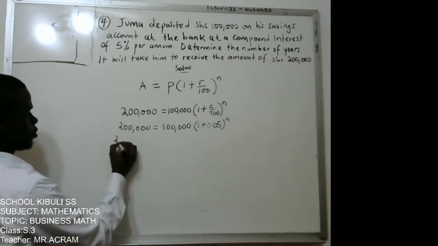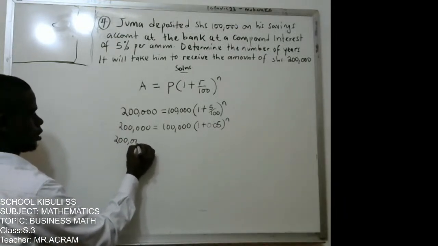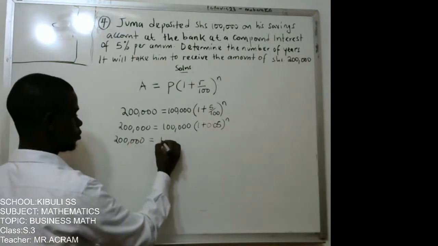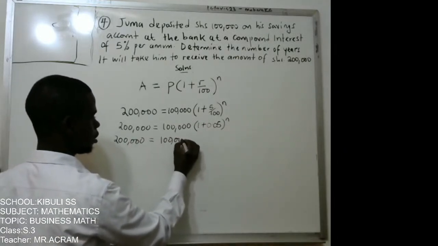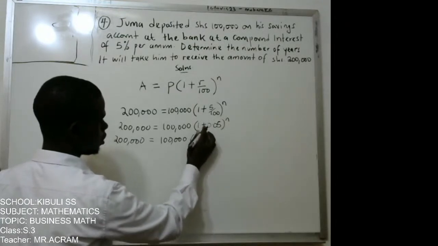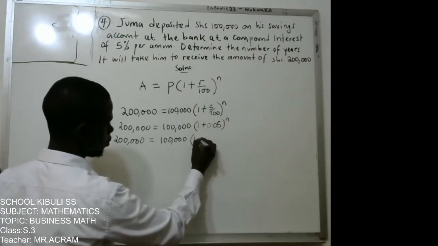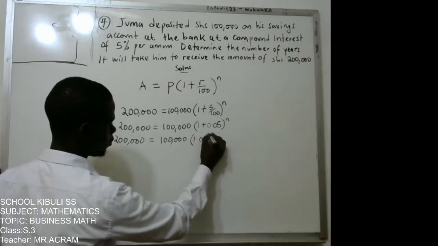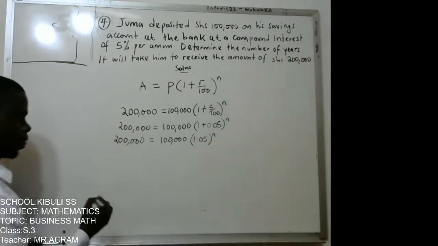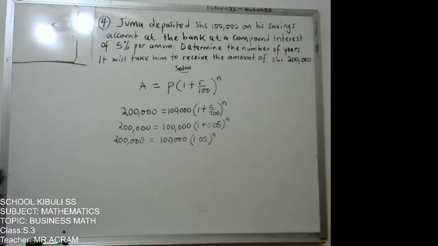So this is going to be 200,000 is equaling to 100,000 into this plus this to be 1.05 power n. Okay? Can I proceed? Yes.